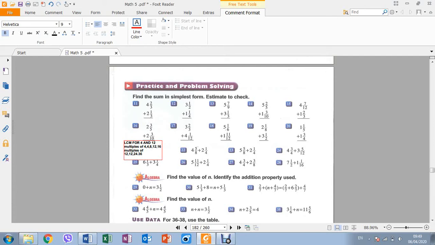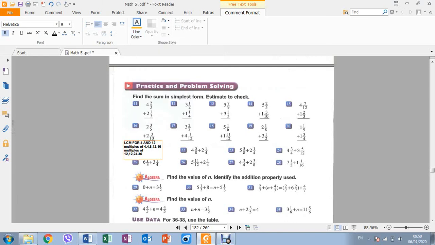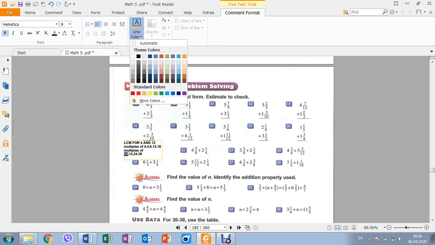Okay. Now our LCM in there is what? LCM for 4 and 12 is what? Look, LCM is 12. 12 is repeated 2 times. 12. Okay.